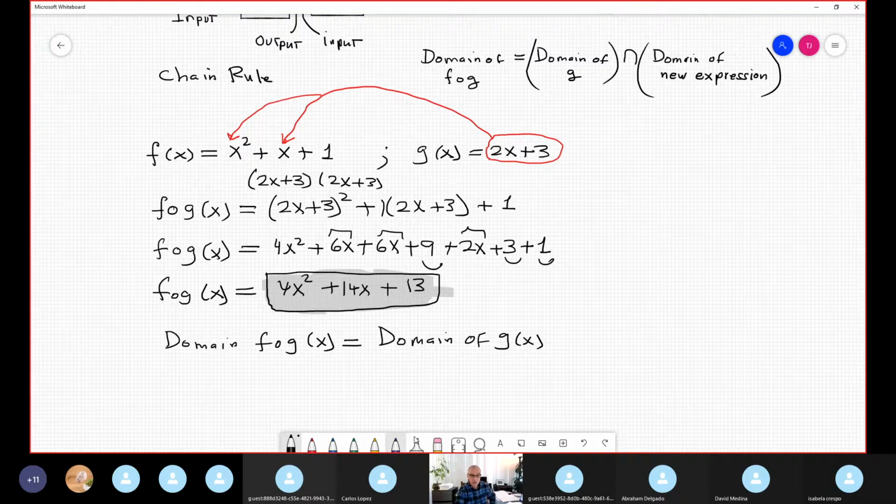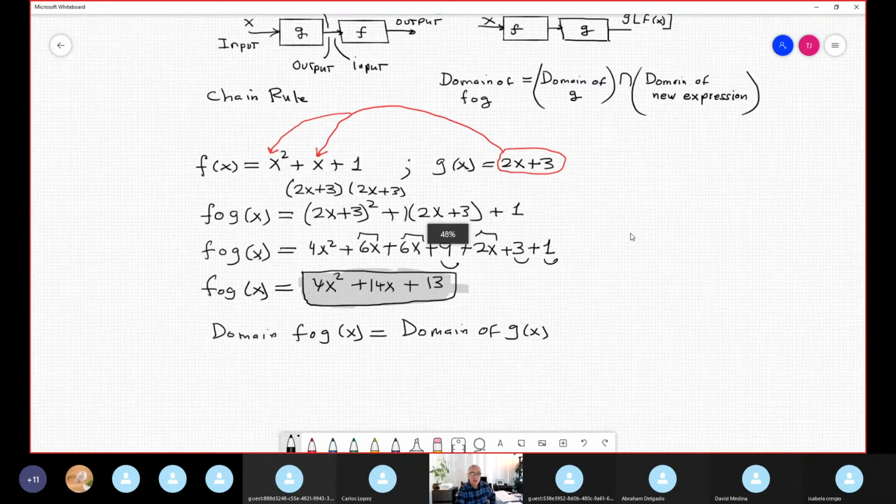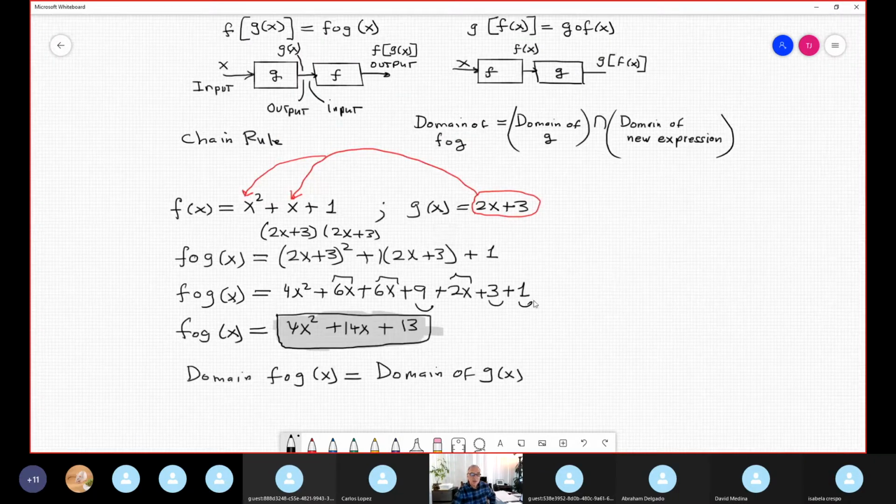Because you see in the box diagram, see this x value does not satisfy the domain of G, it is undefined. So the super important is the first function. But intersection, because somehow F does something, no? In the second stage, it does something. Entonces the domain of the new expression.